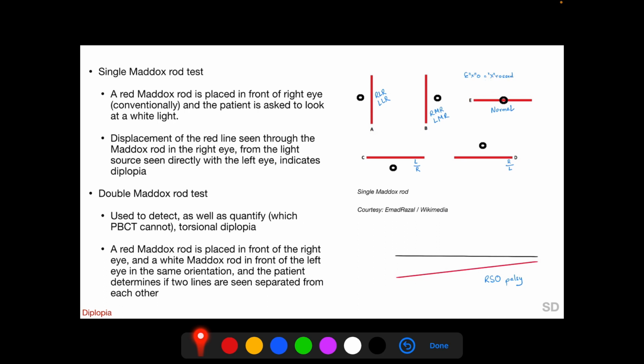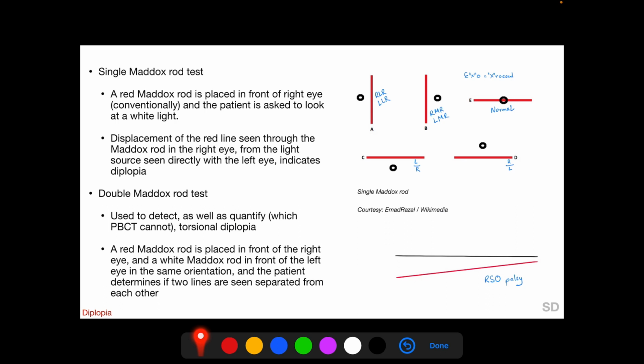In a vertical diplopia, the red line and the white light source are separated vertically, and if the white light source is below the red line, then we have hyperdeviation of the left eye, and if the red line is below the white light source, we have hyperdeviation of the right eye.